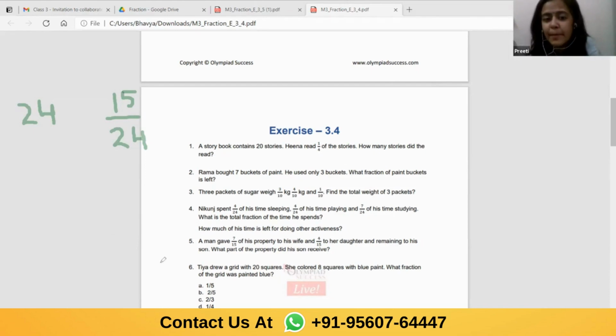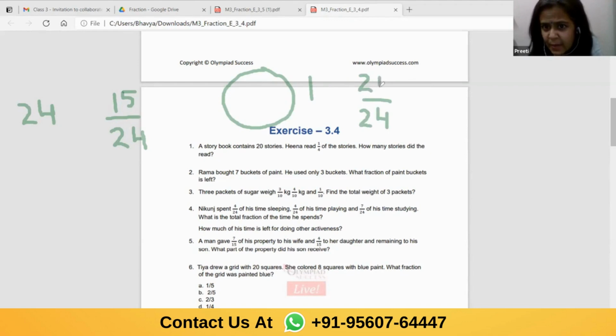Now children, basically my one complete whole is divided into 24 equal parts. So either I can write it as one complete whole, or when I know that there are 24 equal parts to it, if I put it like this, is it same as one whole, 24 upon 24?